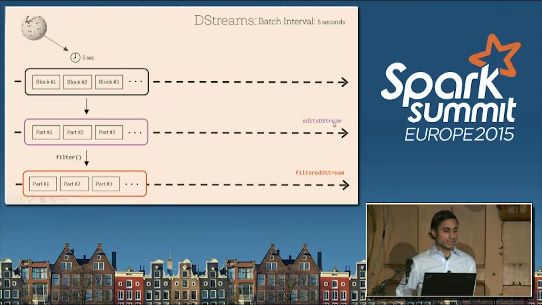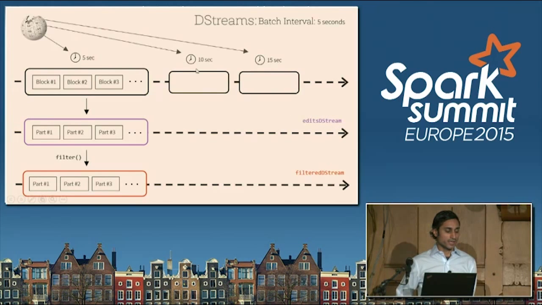What does that mean? Well, all that means is that every time we get a batch, we're just going to keep applying our DAG. So when you apply a DAG, a directed acyclical graph, to a D stream, all that means is keep reapplying my DAG every time a batch gets ready.